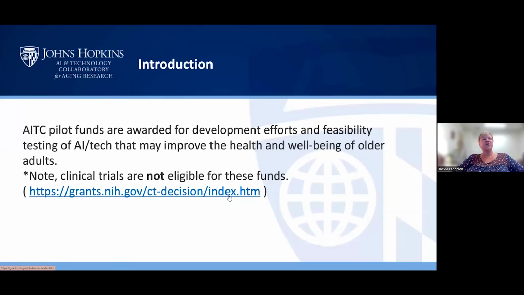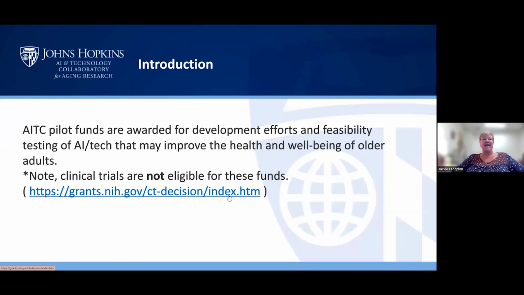So, as a brief introduction, you're likely here because you're planning on applying to the AITC for funding. Some of these slides will be directed specifically towards the timelines involved there, but other folks may be looking for just basic concepts to consider when you're doing and planning human subjects research.